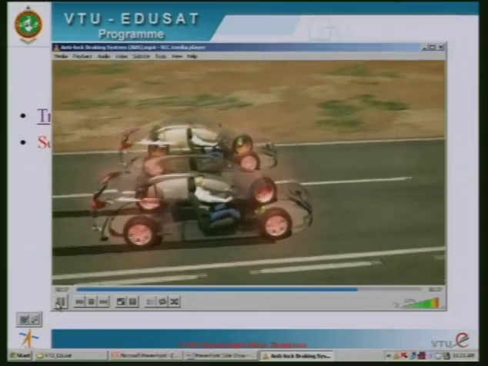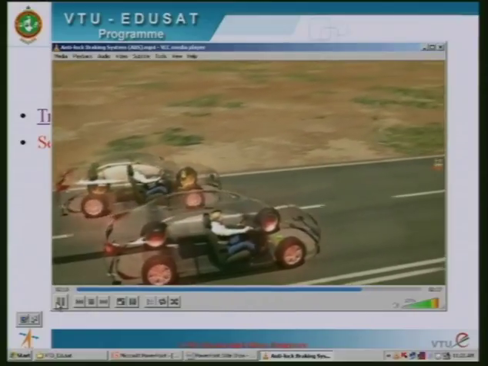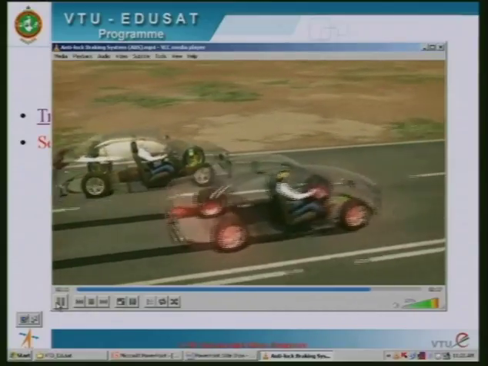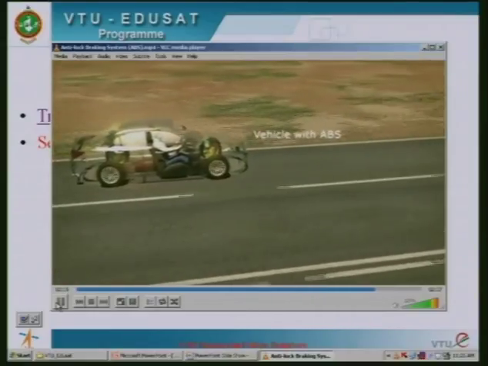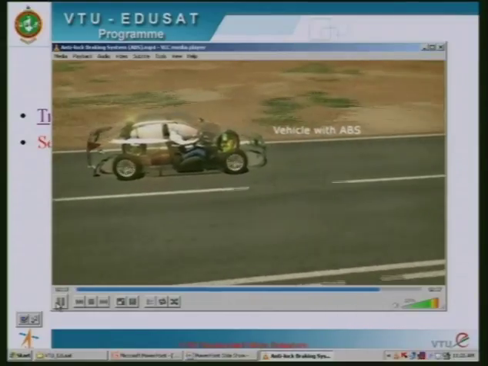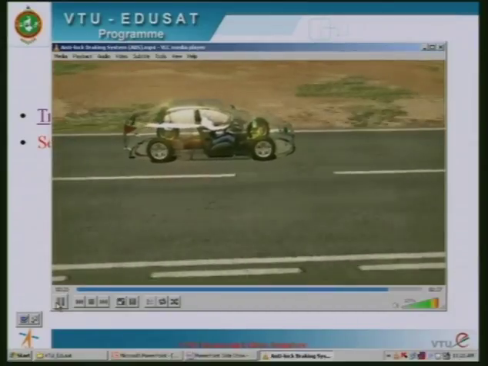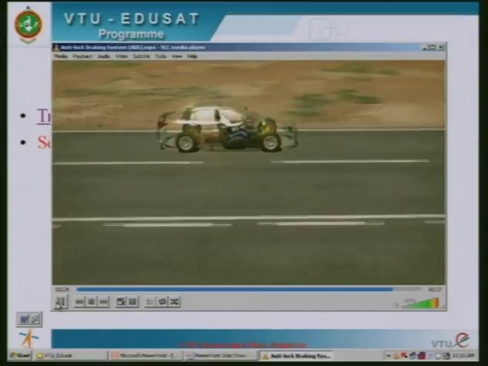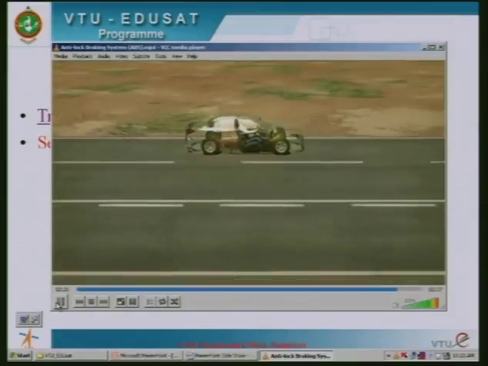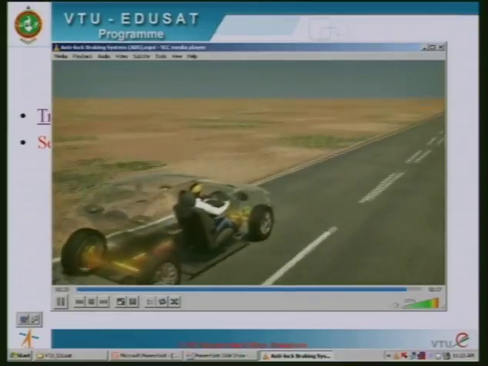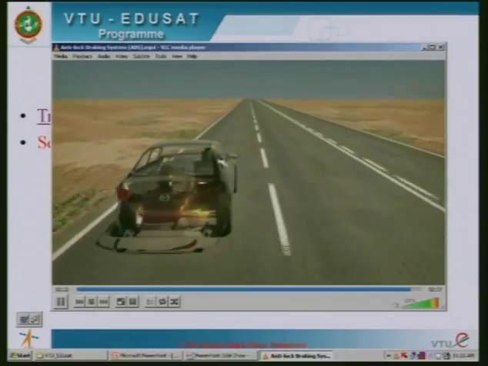But the vehicle with ABS maintains control while braking and is able to steer around the obstacle. ABS helps the driver avoid accidents by preventing lockup and loss of traction. This allows the driver to maintain steering control during heavy braking and may help to reduce stopping distance.